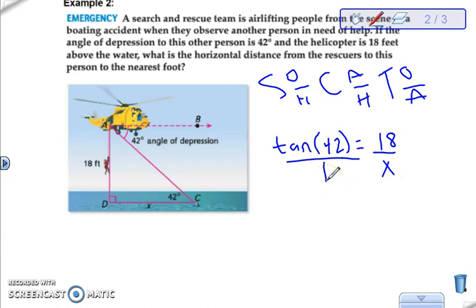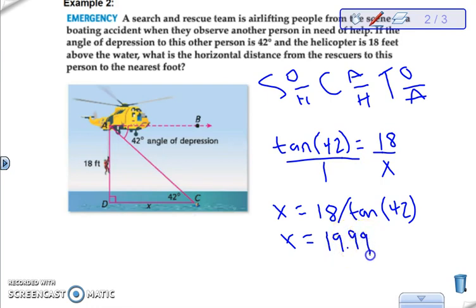Get our proportion and cross multiply. Since the x wound up on the bottom, we know we're going to end up taking 18 and dividing by tangent 42. And that's our answer. So x is about 19.99. It wants us to go to the nearest foot, so once again we'll round up and get 20 feet.